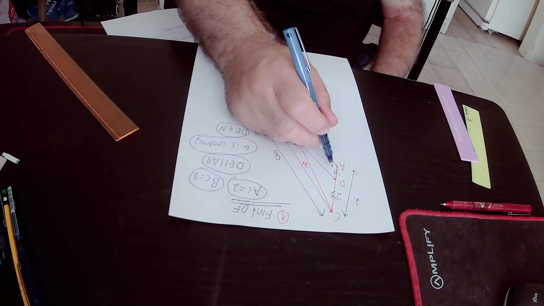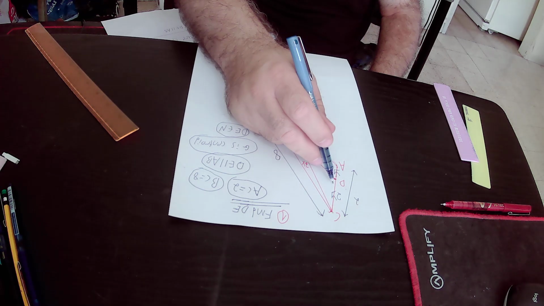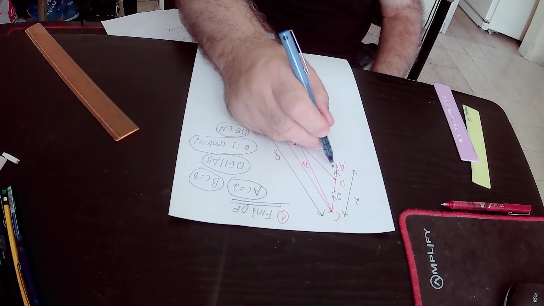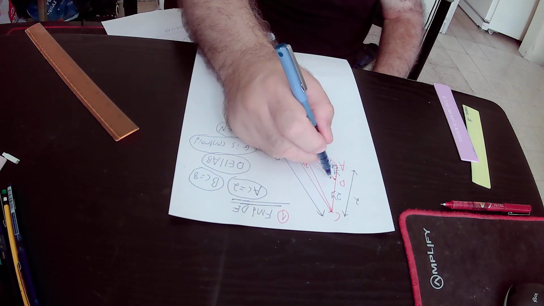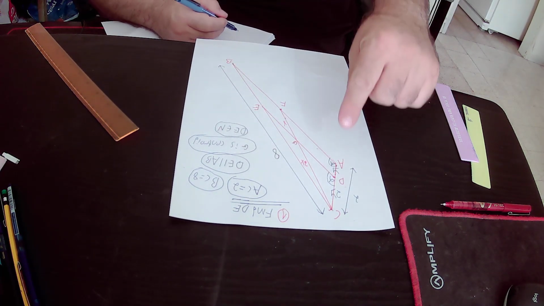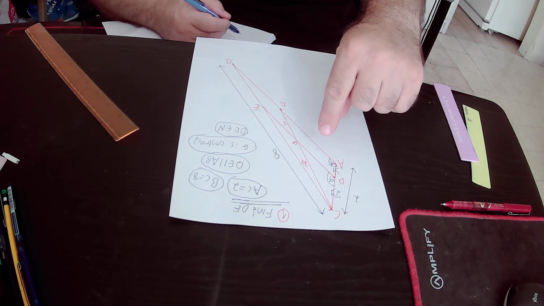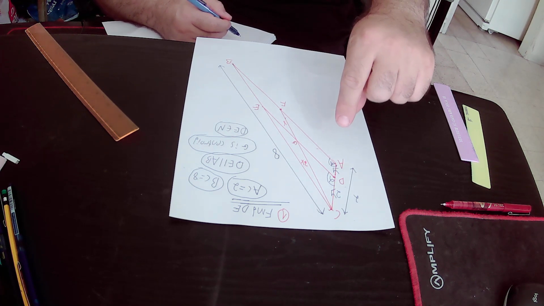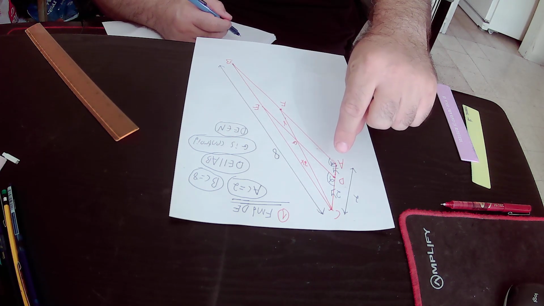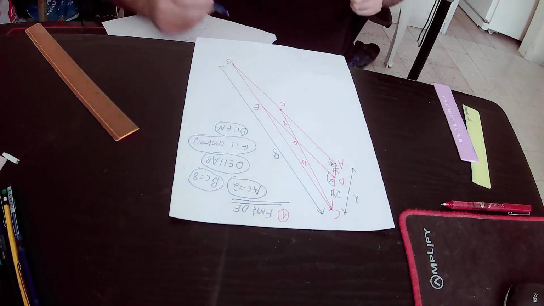So this angle will be equal to this angle, so if this angle is alpha, then this angle will also be equal to alpha, because those two corresponding angles are located between parallel lines. They are both equal to alpha.